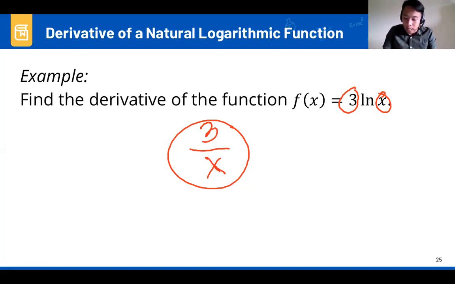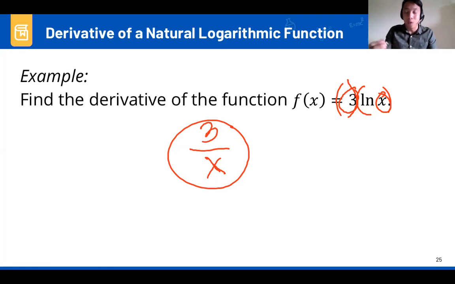Since we have 3 ln x, which is 3 times ln x, I can also use the multiplication rule of differentiation.